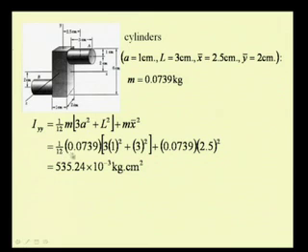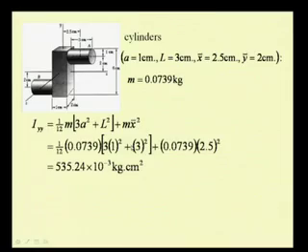So, we have 1/12 mass of the cylinder times 3 a square, that is 1 centimeter, plus the length of the cylinder, that is 3 centimeters, square, plus mass times the distance, that is 2.5 centimeters, which is the location of the centroid with respect to the yz plane, or this is the x bar value. From this we have the value as 535.24 into 10 to the power of minus 3 kg centimeter square.